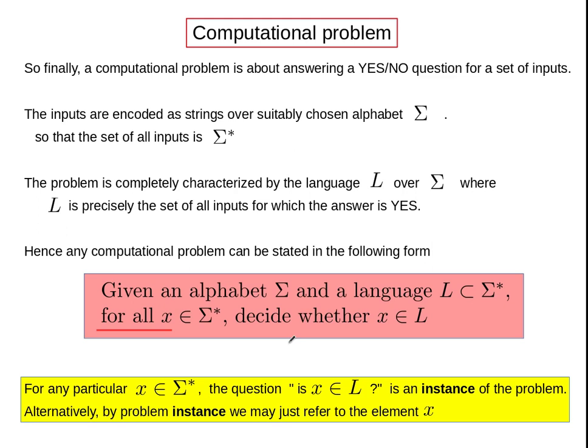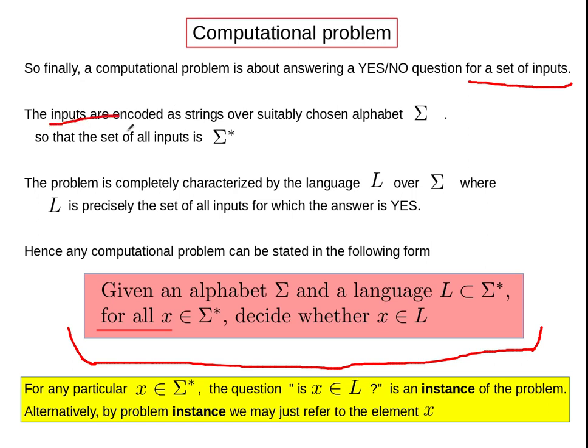So finally we come to this setting. By now it should be absolutely clear to you, as you have already figured out, that we have reached this point, because our computational problem is about answering a yes-no question for a set of inputs, and these inputs are encoded as strings over a suitably chosen alphabet.